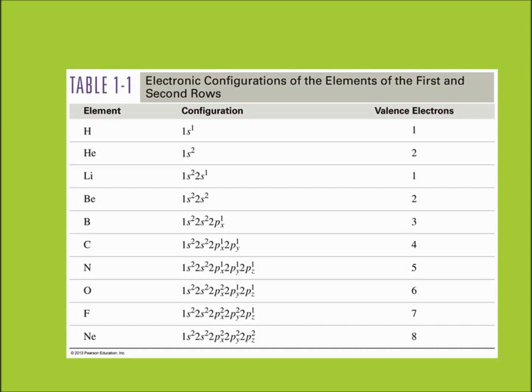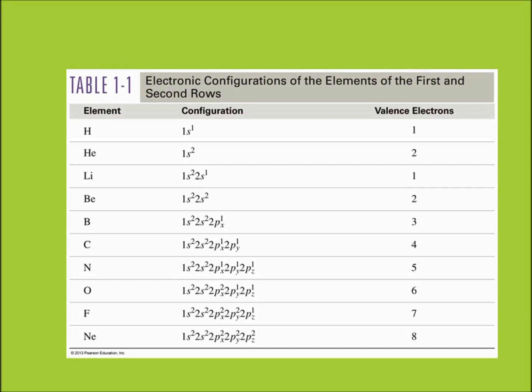And so the electronic configuration for hydrogen is 1s1. Helium has 2 electrons. Both electrons are placed in the 1s orbital. And so helium has an electronic configuration of 1s2.